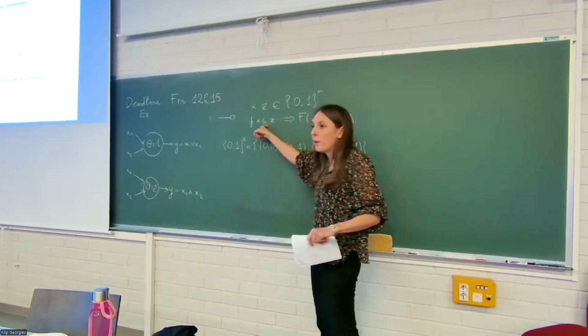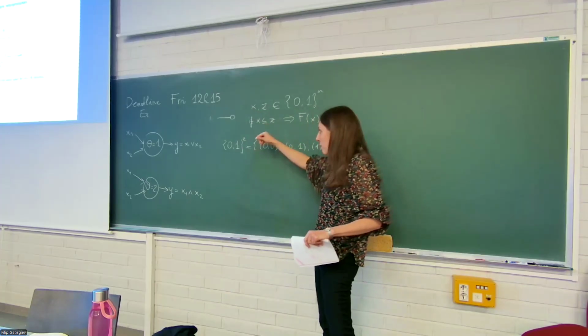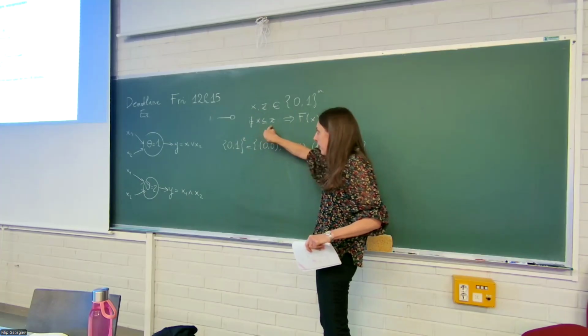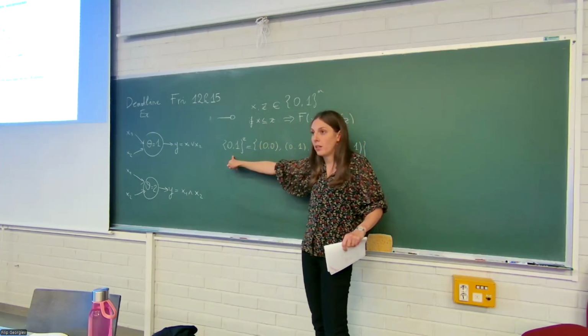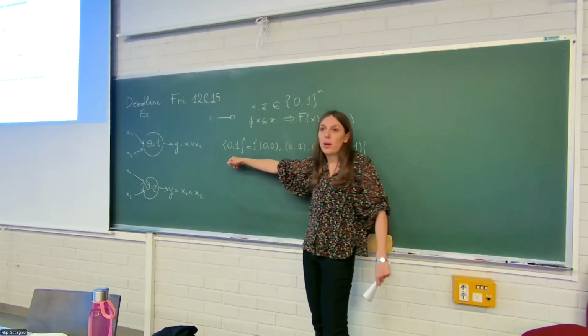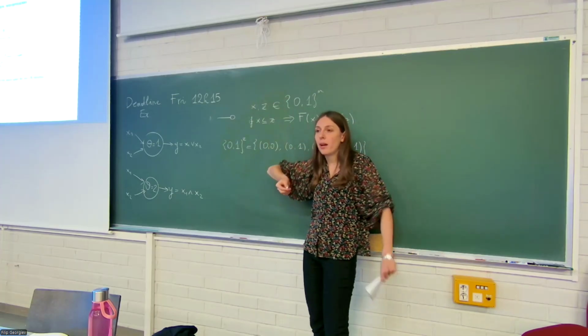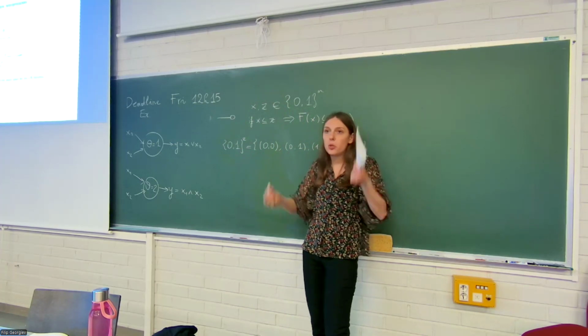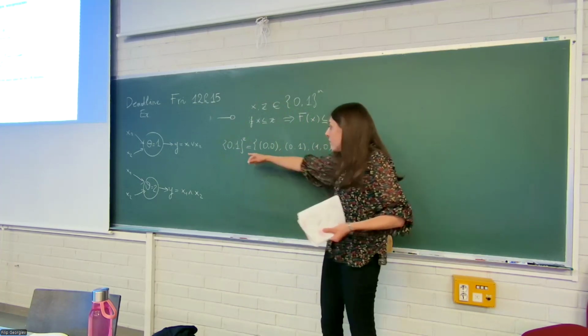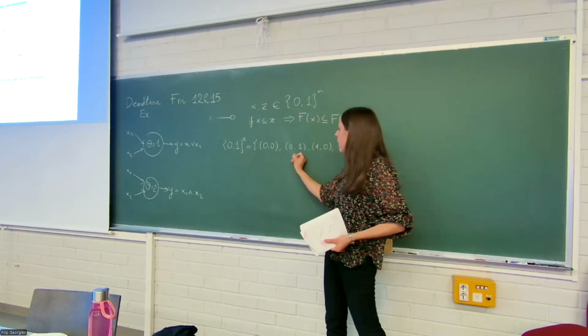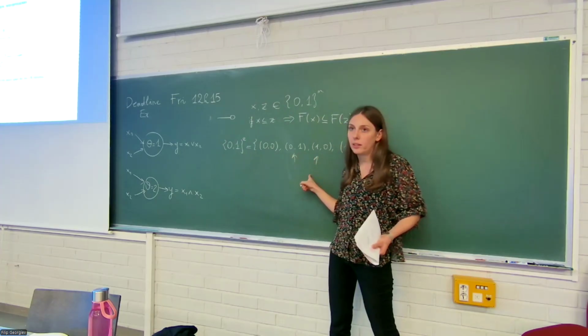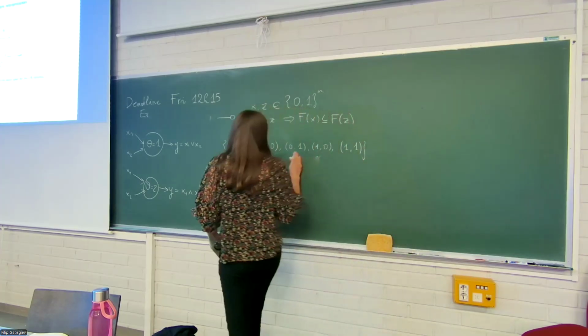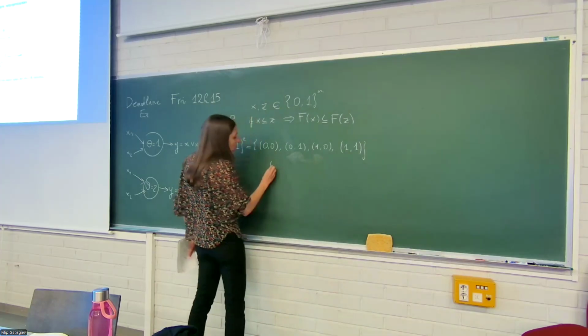What does it mean putting a partial order on this set? Because I'm saying that this is smaller than this, but these guys belong to a set like this. And this is not a set where you have a total order, like the natural numbers. A total order means that whenever you take two elements, you can say which one is bigger than the other. And it is not the case here, because for this element and this element, I don't know which one is bigger than the other. So what I do is to put what is called a partial order relation.